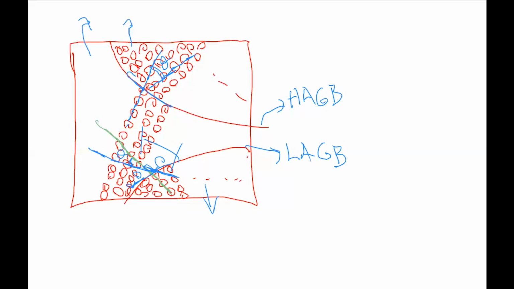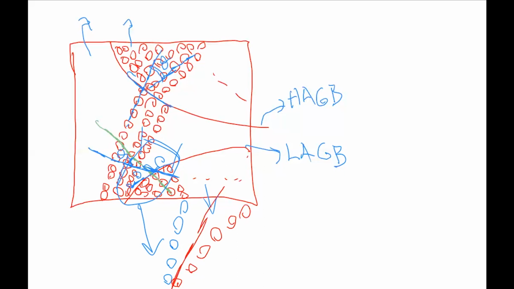Since we have this disturbance, if you zoom in on this region, you will see that the atoms are this way, and other atoms, let me draw them in a different color, another group of atoms this way. We have some disturbance in the atomic packing in between.